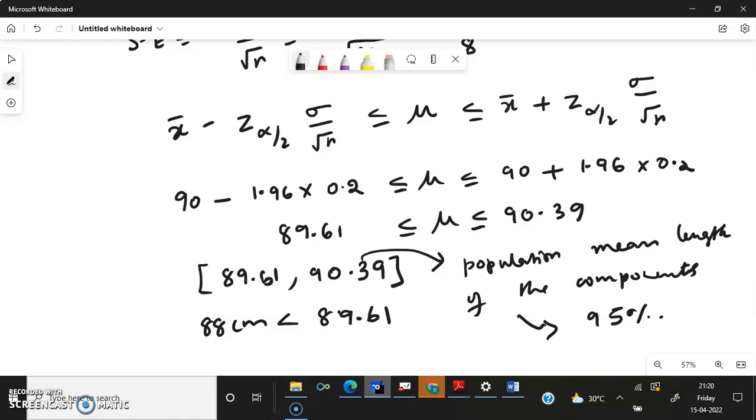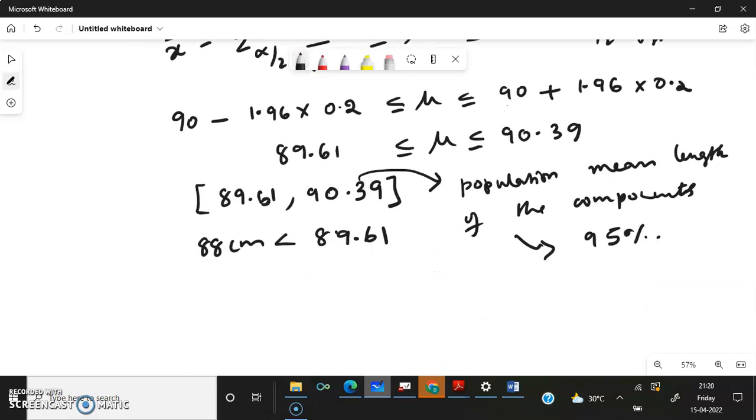The customer will reject the part if it is less than 88, which is beyond this limit. So the population mean will not be at 88, it is more than 89.61. So naturally the customer will reject.